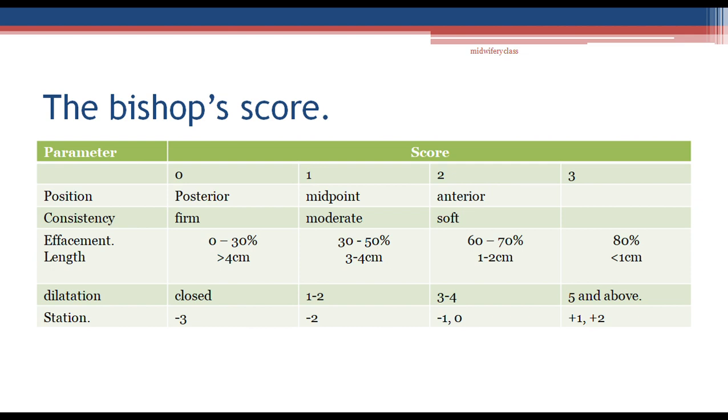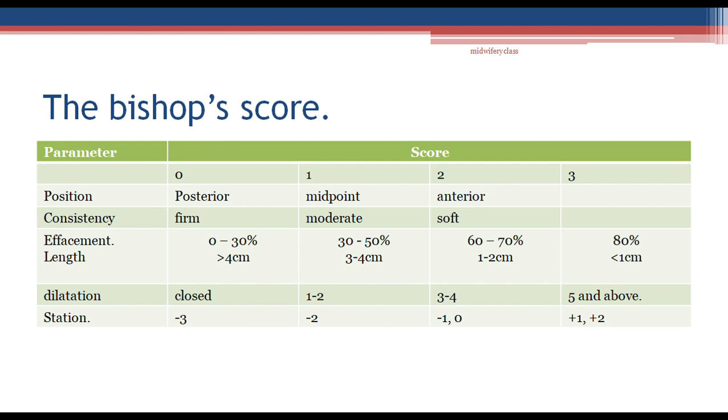After consistency, take the effacement also. Take the length. When the cervical length is more than 4 centimeters, in this case the effacement is anywhere between 0 to 30%, give a score of 0. If you have taken your measurement and the cervical length is between 3 to 4 centimeters, the effacement is 30 to 50%, give a score of 1.